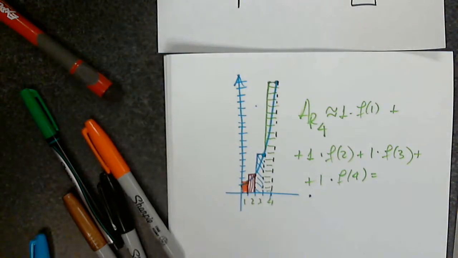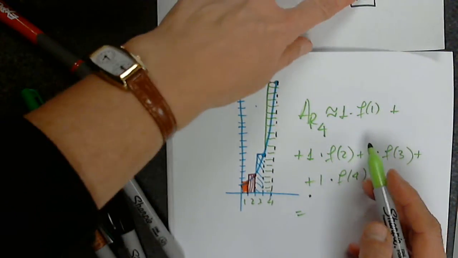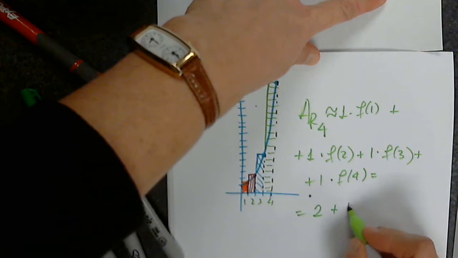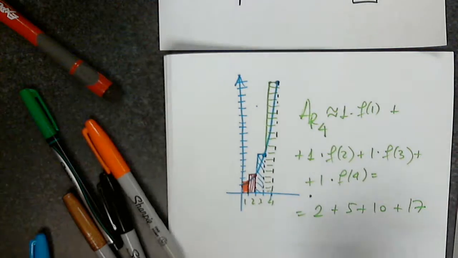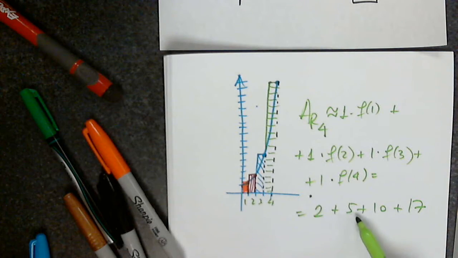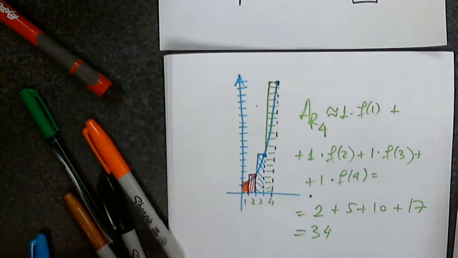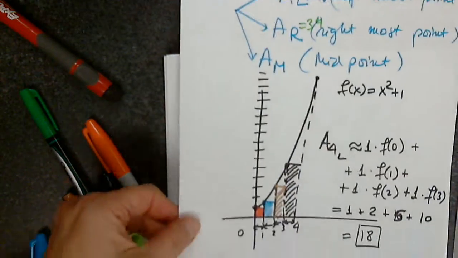I factor out 1, I don't have to worry about that. f of 1, I already had it here. f of 1 is 2, plus 5, plus 10, plus f of 4, which is 17. That's how I keep getting to 17. So this is 17 plus 17, which is 34. So we got this as being 34 as the area.